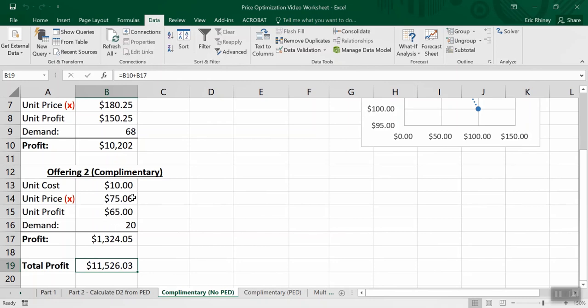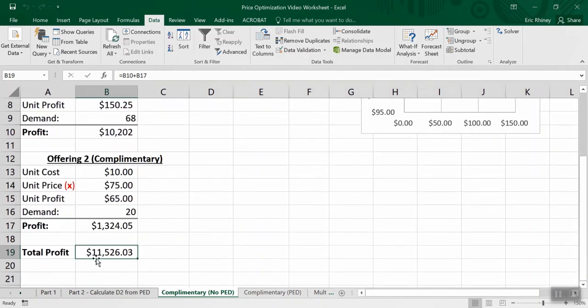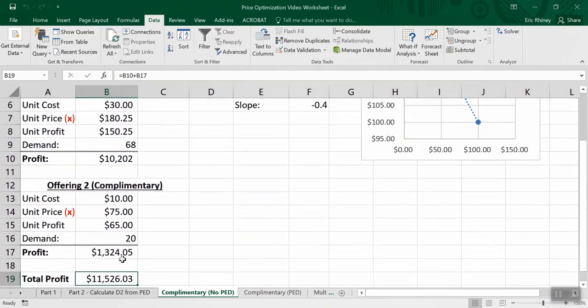So we can see here that by selling these 20 for $75, we're going to make an extra $1,300 on top of this $10,000 that we made on our first offering, and that gives us a total profit of $11,526. So this is how we would do complementary pricing using price optimization analysis without any kind of elasticity of demand for the second product.